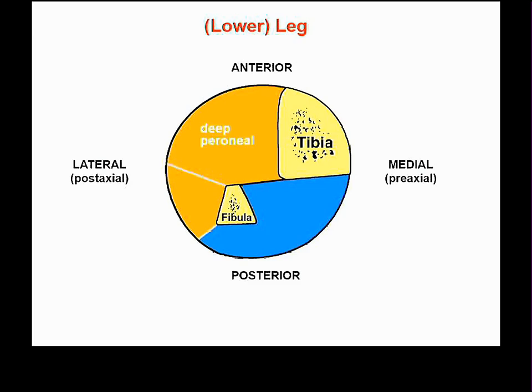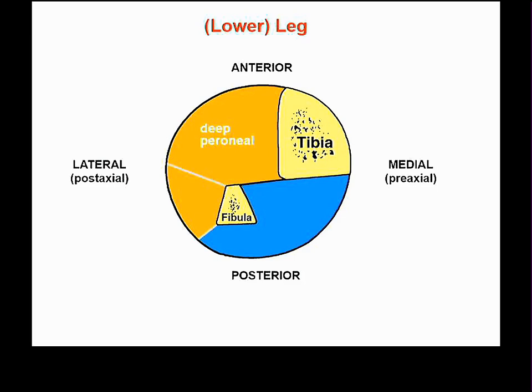Now, the common peroneal breaks up into two branches at the knee. One's called the deep peroneal, and it does the anterior compartment. It does for the lower leg what the femoral did for the thigh: the anterior compartment muscles of the lower leg.